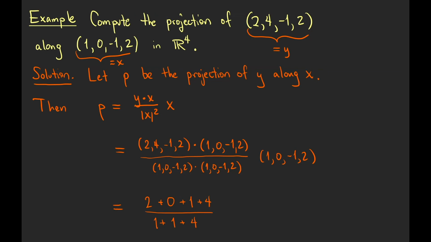So when I simplify that, I get 7 over 6 times the vector. Now I forgot to write the vector in the first equal sign on the last line. But what you get is (7/6, 0, -7/6, 7/3). And that's it.